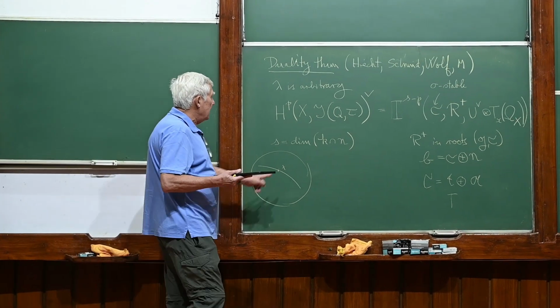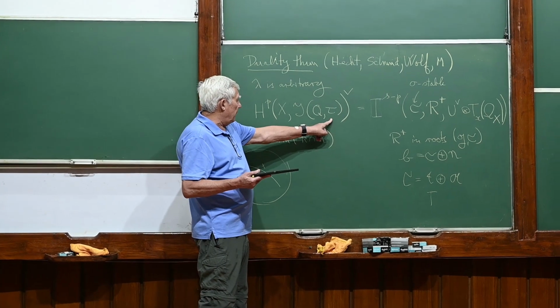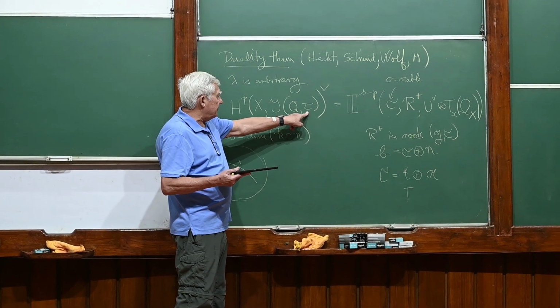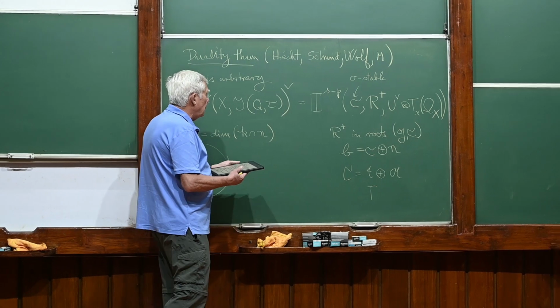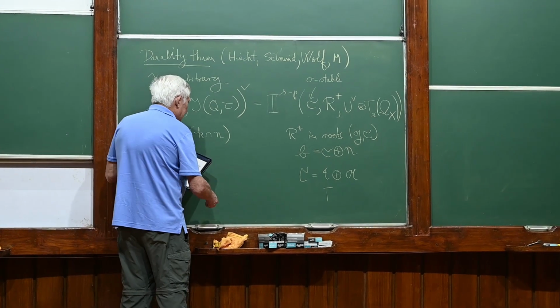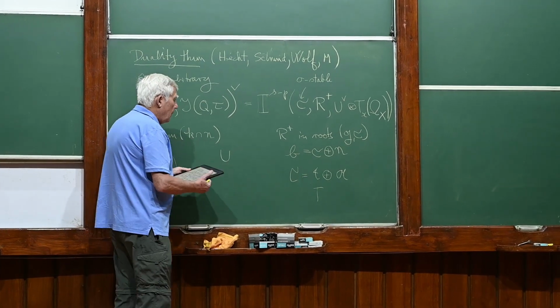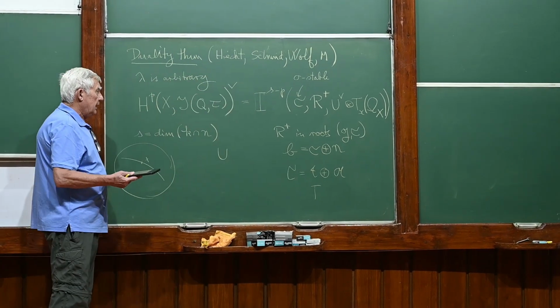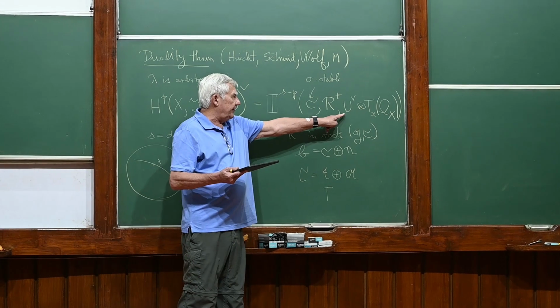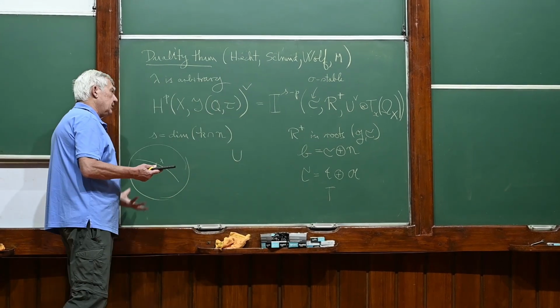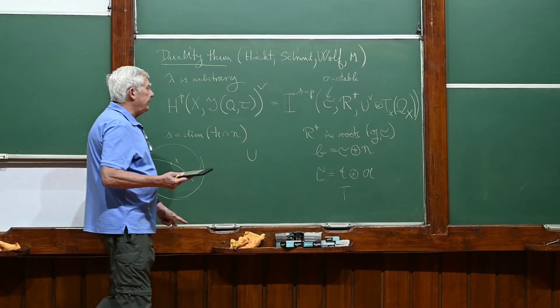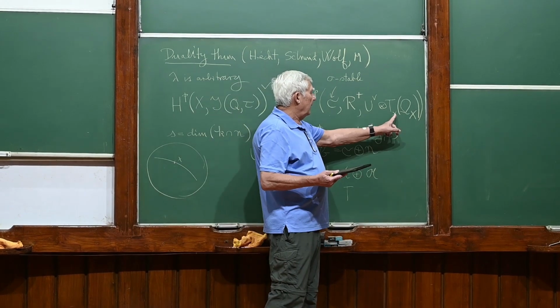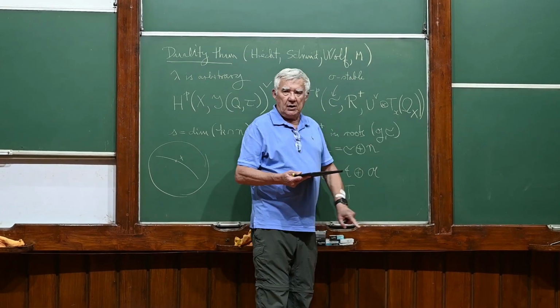They both act by construction on the geometric fiber of tau, and this is our module U, which is a b,T module, and this is its contragredient dual module, and this is the fiber of the canonical bundle.